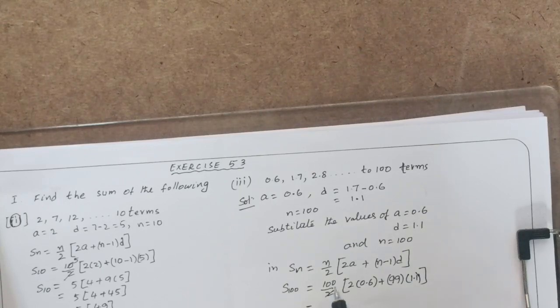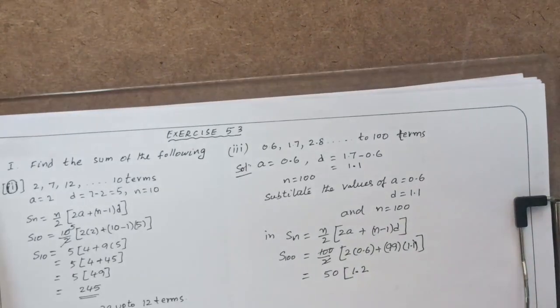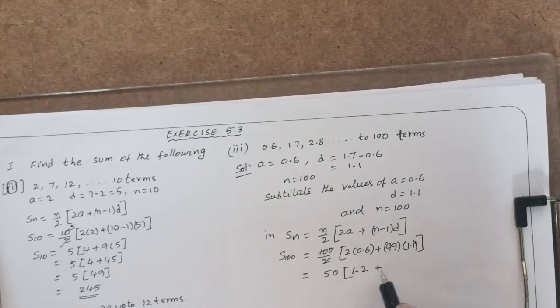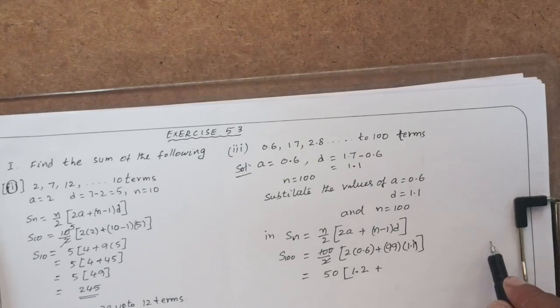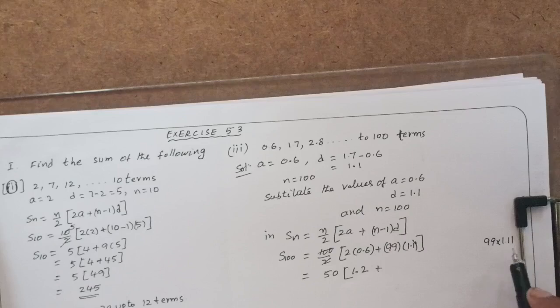So this 50 times is cancelled: 2 into 0.6 is 1.2 plus 99 into 1.1.